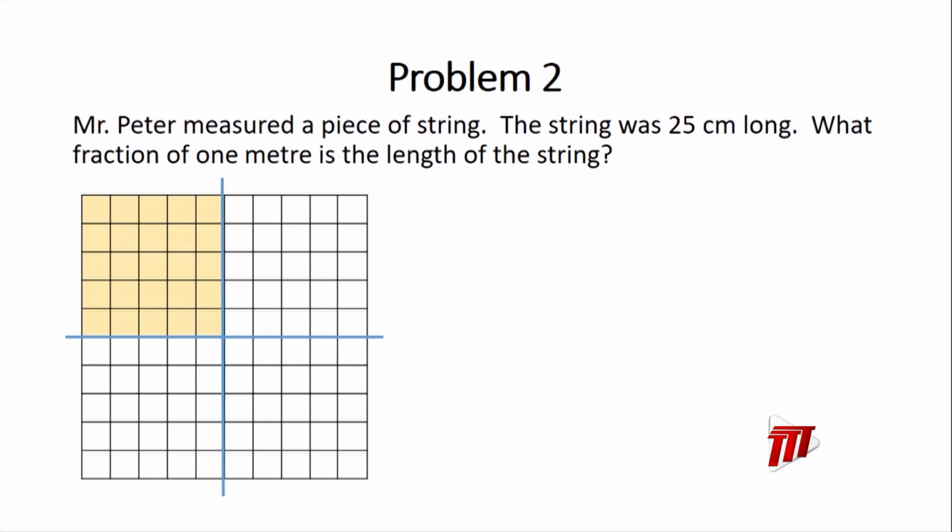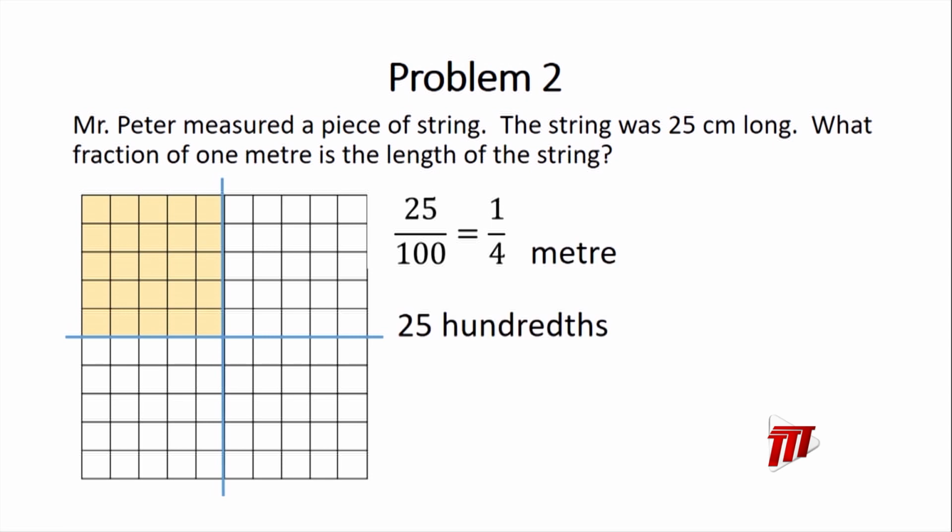I am also going to represent 1/4 on the grid. So here I have a grid, which is the 100 squares, and I am representing 1/4, which is 25 squares. 25 out of 100, which is equal to 1/4. Is there any other way I can represent that part or that fraction of string? 25 hundredths.